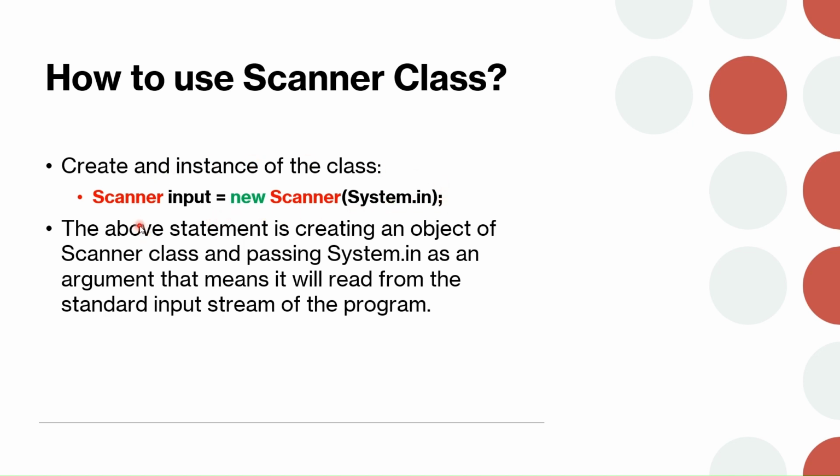Create an instance: Scanner input = new Scanner(System.in). The above statement is creating an object of the Scanner class and passing System.in as an argument. That means it will read from the standard input stream of the program, which means reading from the console.